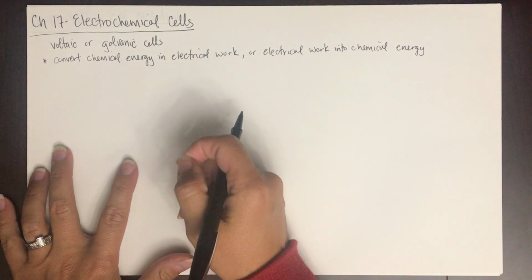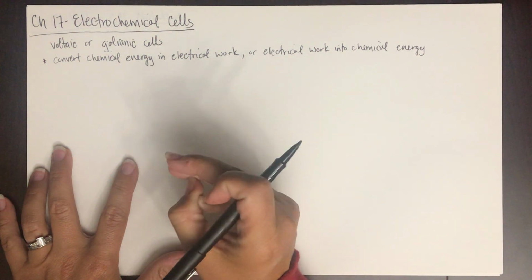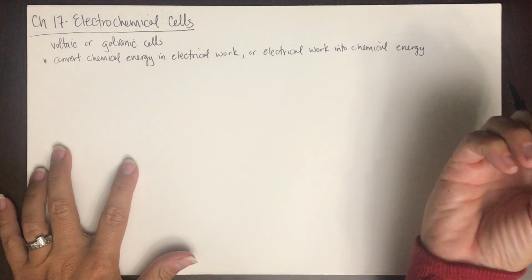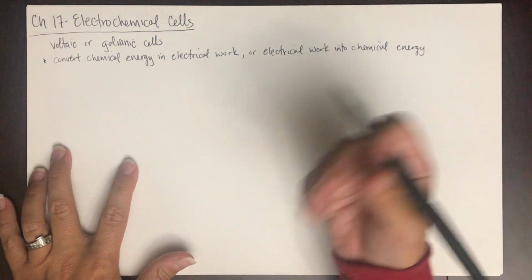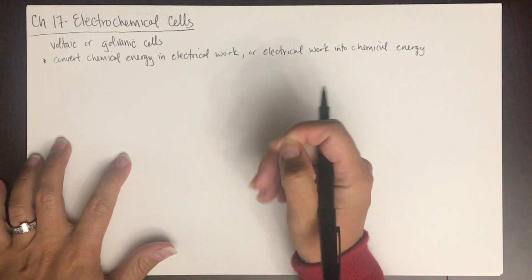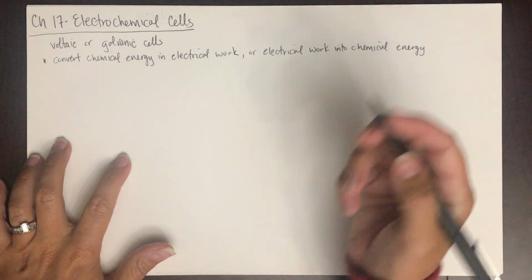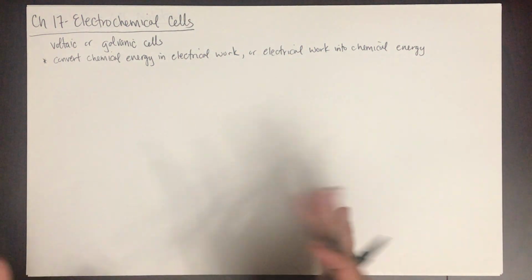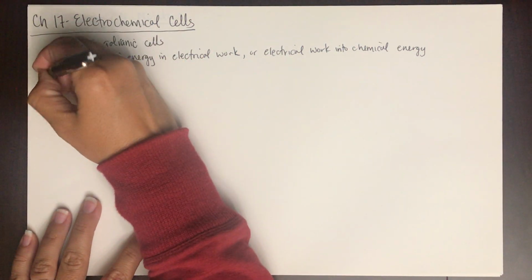These electrochemical cells are made up of two separate half reactions. There are two parts to these chambers. Let's define what we're talking about first.